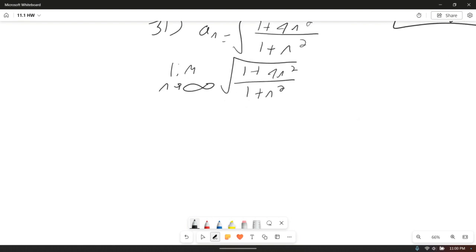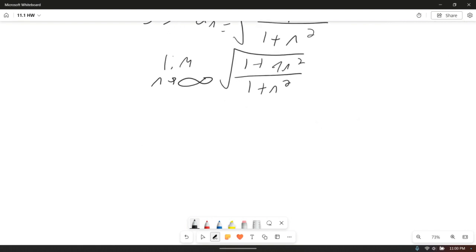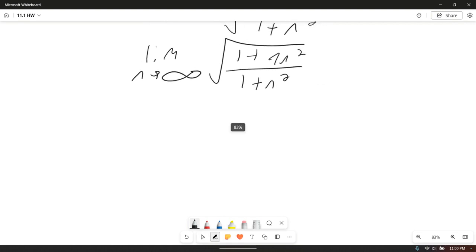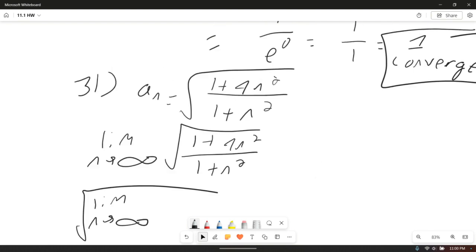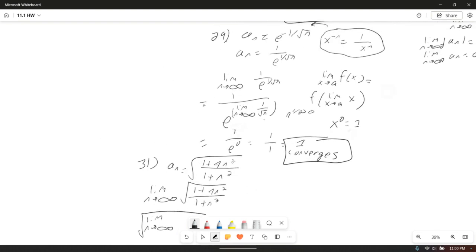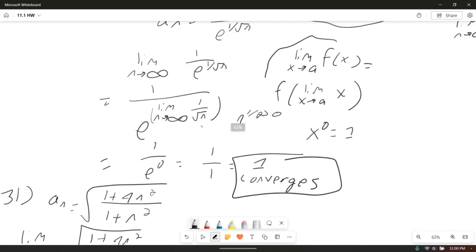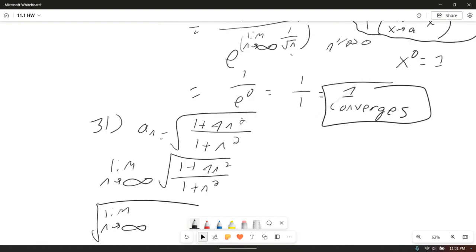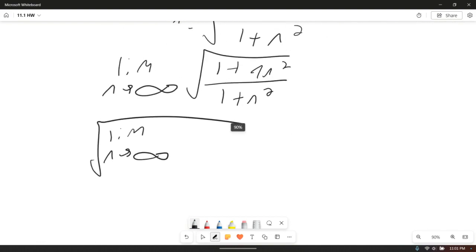Right, so the limit as n approaches infinity of square root of (1 plus 4n^2) over (1 plus n^2). Well, we could just use the rule that we mentioned earlier. This is the composite rule of limits. We apply that here.